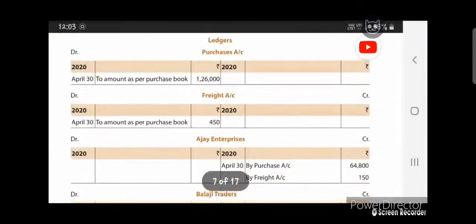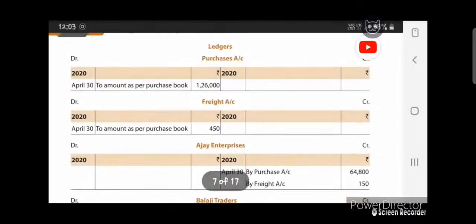Next, the ledgers, how you have to put them. For the purchase account, first, on the debit side, what you will write is the purchase account. Debit side, 2020 April 30, to account as per purchase book. So to account as per the purchase book, you have debited 1,26,000.